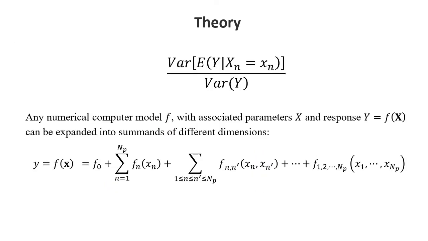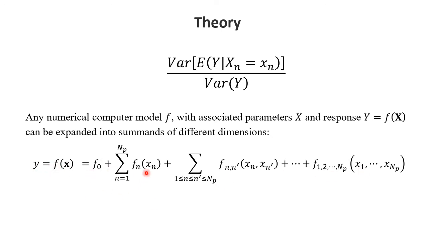So in theory, we could say that any numerical computer model is basically a mapping of some input parameters onto some output response. Here, for example, we have some input parameters, we have a computer model, and that returns some scalar value y. Mathematically, we could say that any such function can be written in this form.